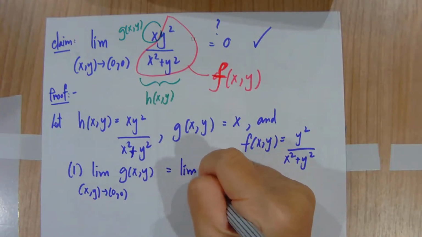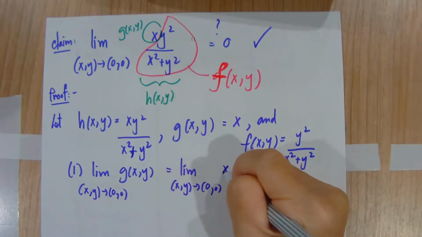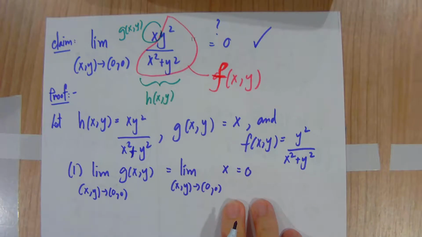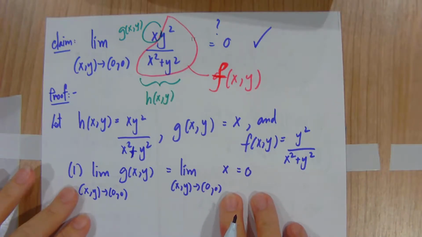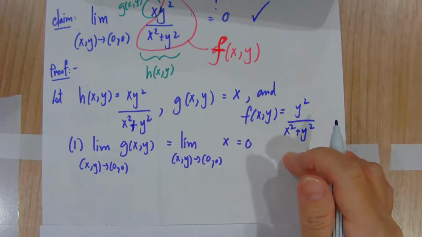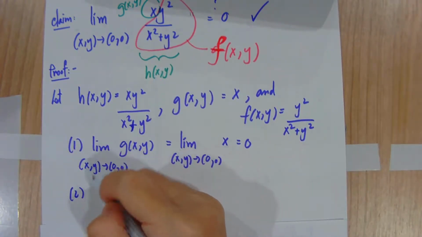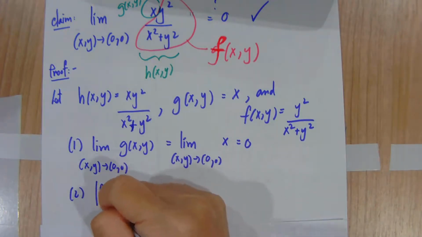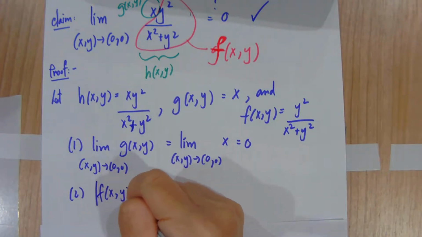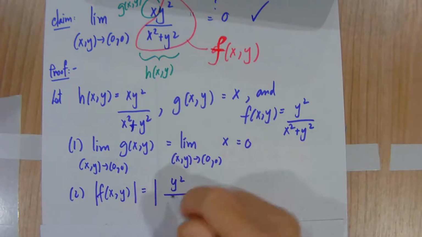Just write it out to make sure the function g is also equal to 0, because we can replace x with 0. The second condition, we would like to find that our function f must be bounded. So function f is equal to the absolute value of x.